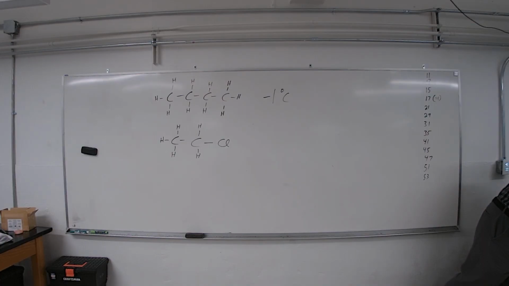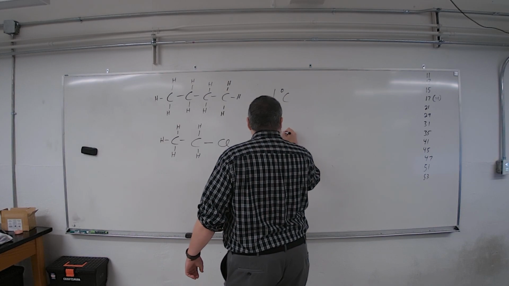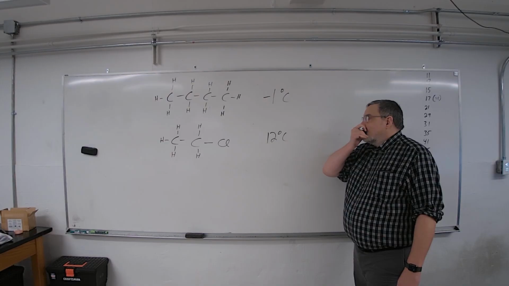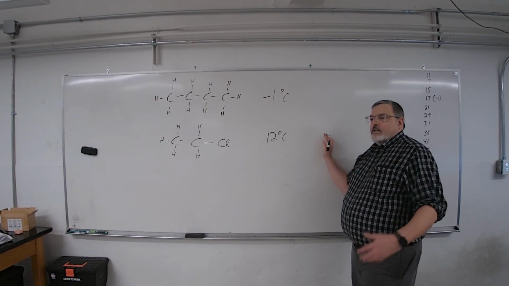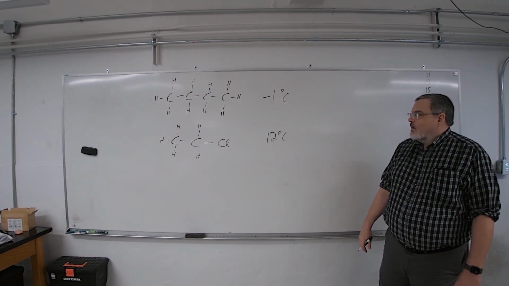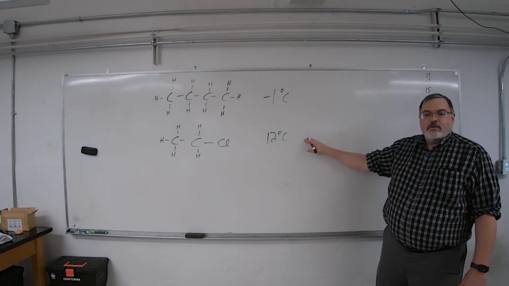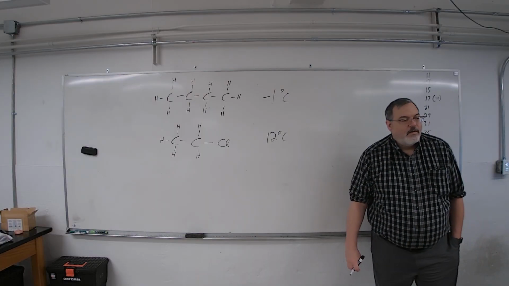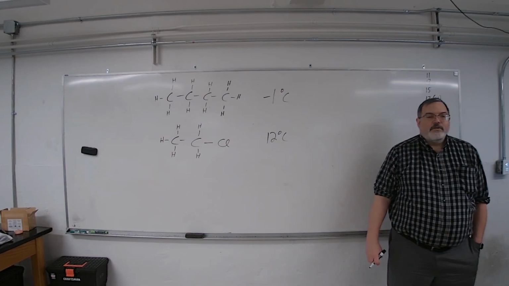And the other one is 12 degrees C. So these are boiling temperatures. 20 degrees C is probably about what it is in here right now, maybe 18 because it's cold. So why is there this difference? Why is this one lower than this one? How would you describe it? So what are the intermolecular forces?